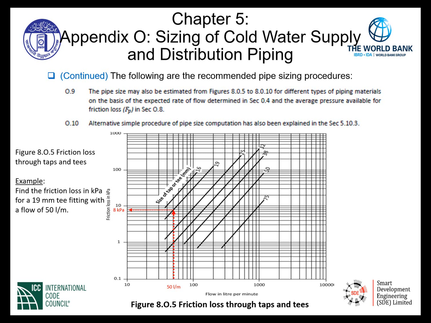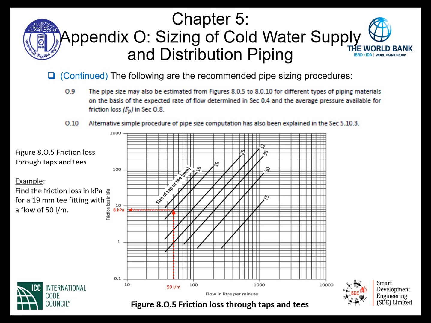Once we intersect that curve, we move to the vertical axis and read the friction loss in kilopascals, which in this case, for a 19 millimeter T with a flow rate of 50 liters per minute, we have a friction loss of 8 kilopascals.